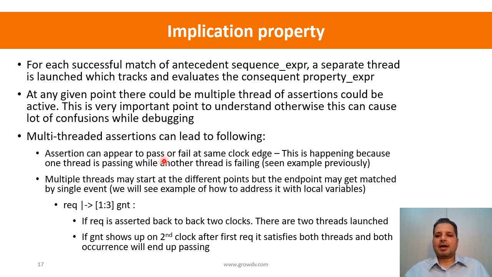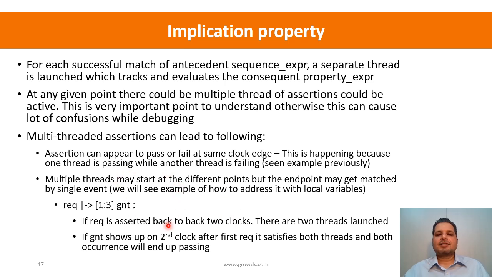An assertion could appear to pass and fail at the same clock cycle. That's because a previously launched thread could see its consequent matching at a particular clock edge and pass, while at the same time another thread could see a violation and fail. This is very much possible, and we need to keep it in mind.